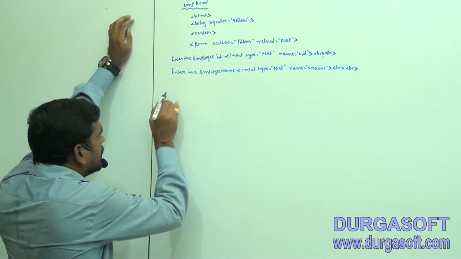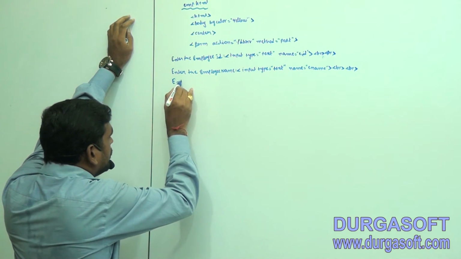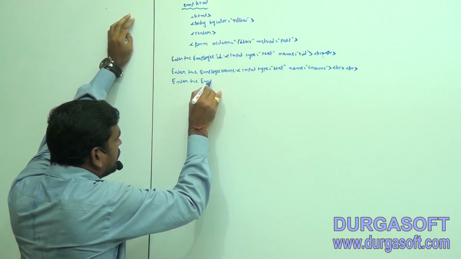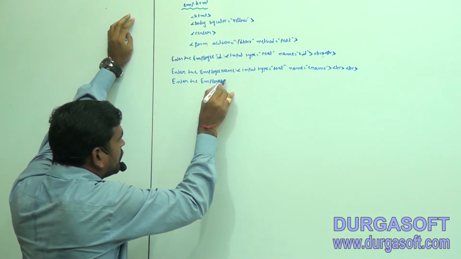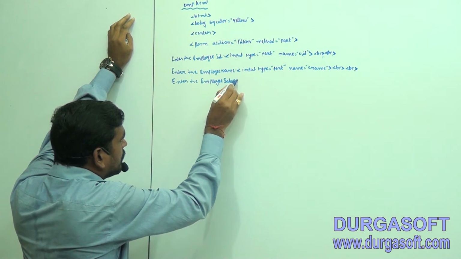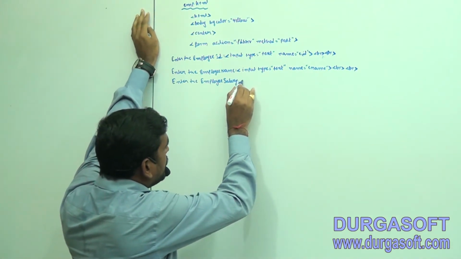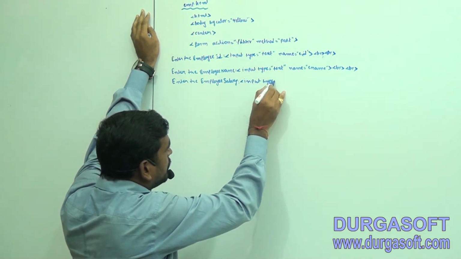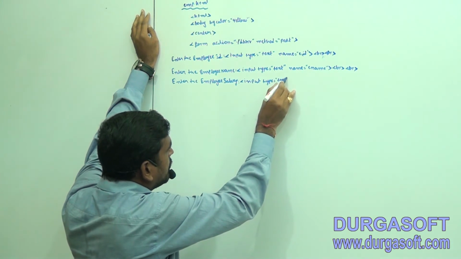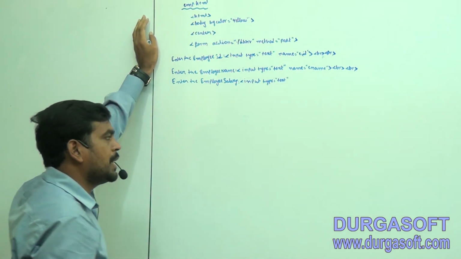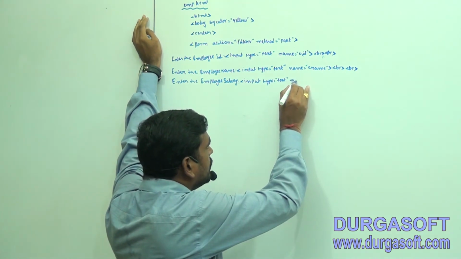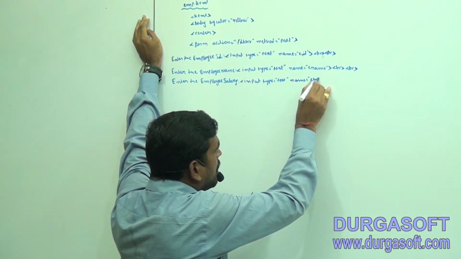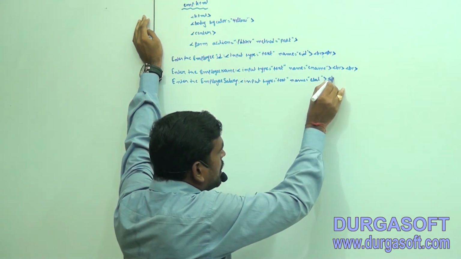Next, enter the employee salary. Input type is equal to text. Name is equal to esal. Then BR tag.